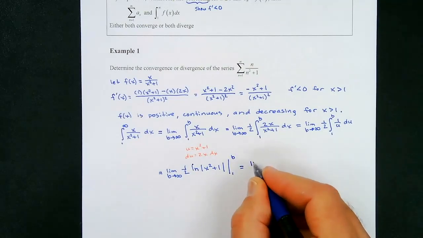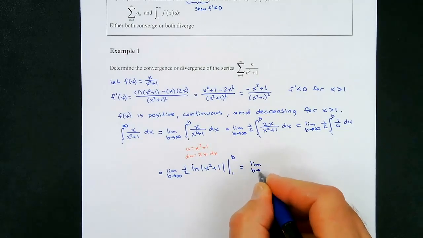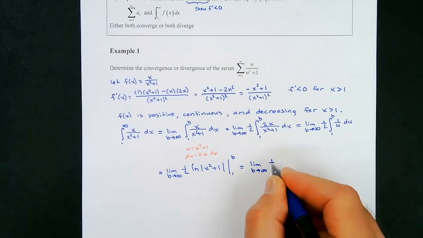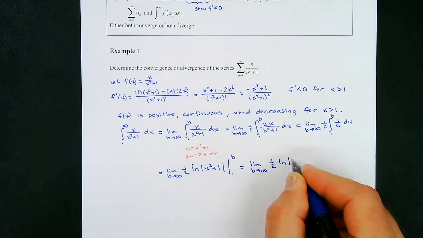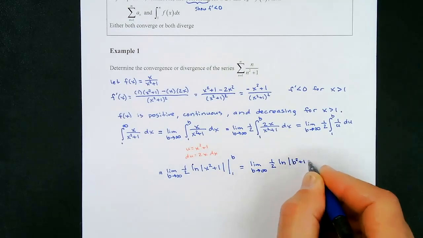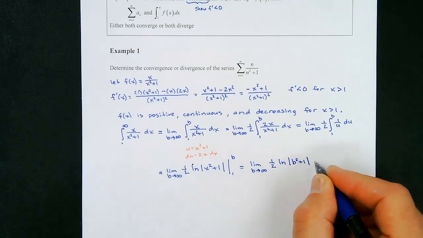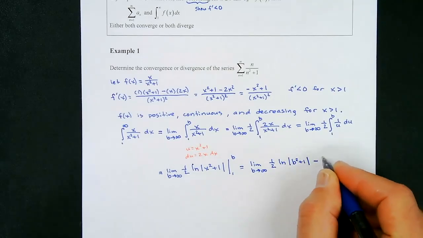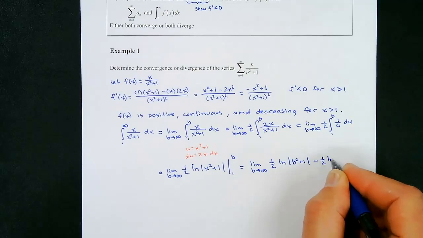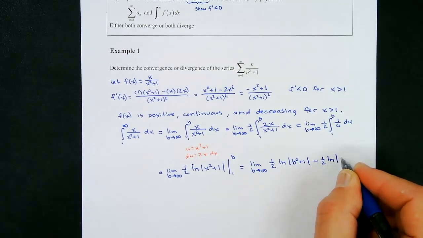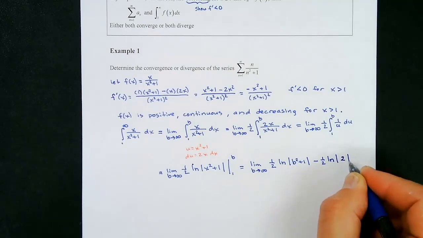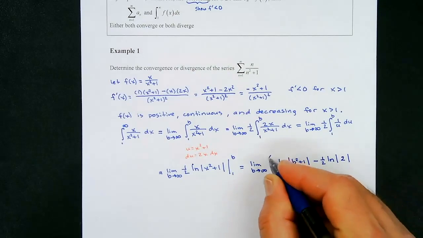So this is the limit as b approaches infinity of 1/2 times ln of the absolute value of b squared plus 1, minus 1/2 ln of the absolute value of 1 squared plus 1, which would be 2. I'm going to put parentheses around this.